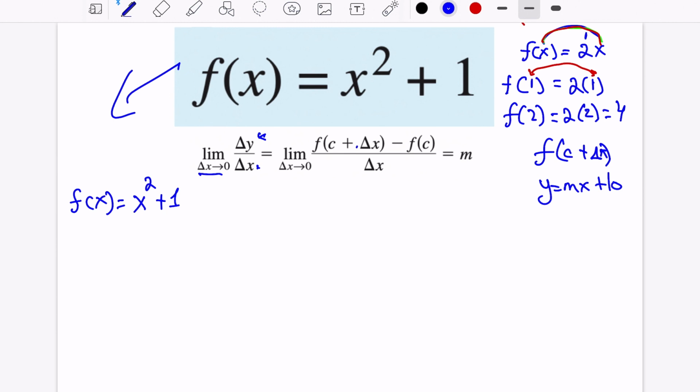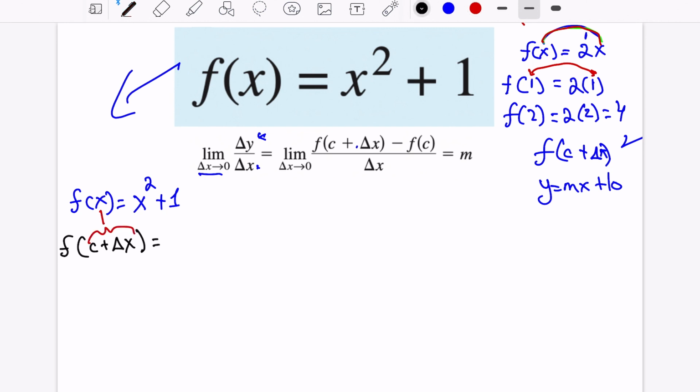So if I try to do that based on this illustration here, I will do f of c plus delta x equal to, as you can see, I am replacing x with this whole piece.